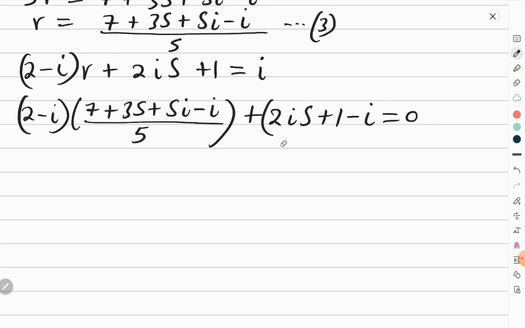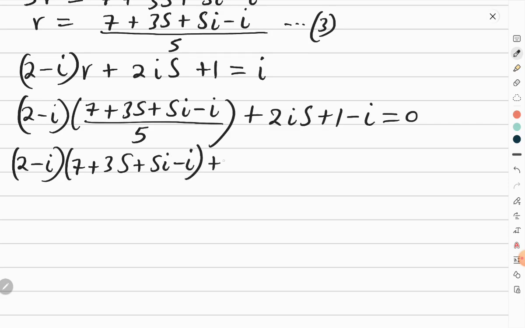So let's get it done. Then when we multiply, we are going to be having (2 minus i)(7 plus 3s), plus si minus i, then plus, remember these terms are multiplied by 5, all of them.